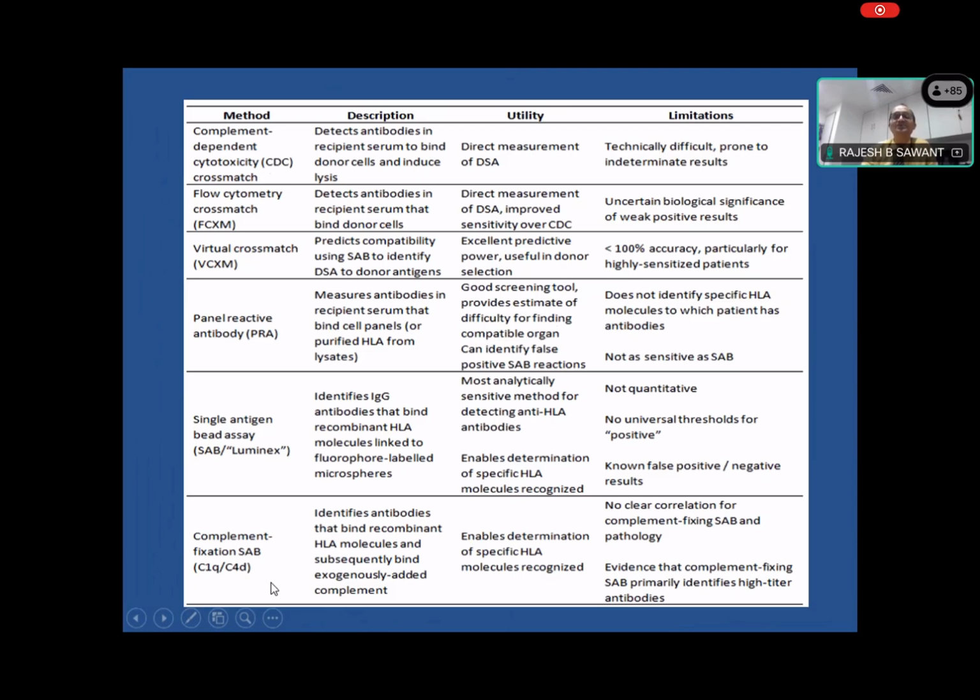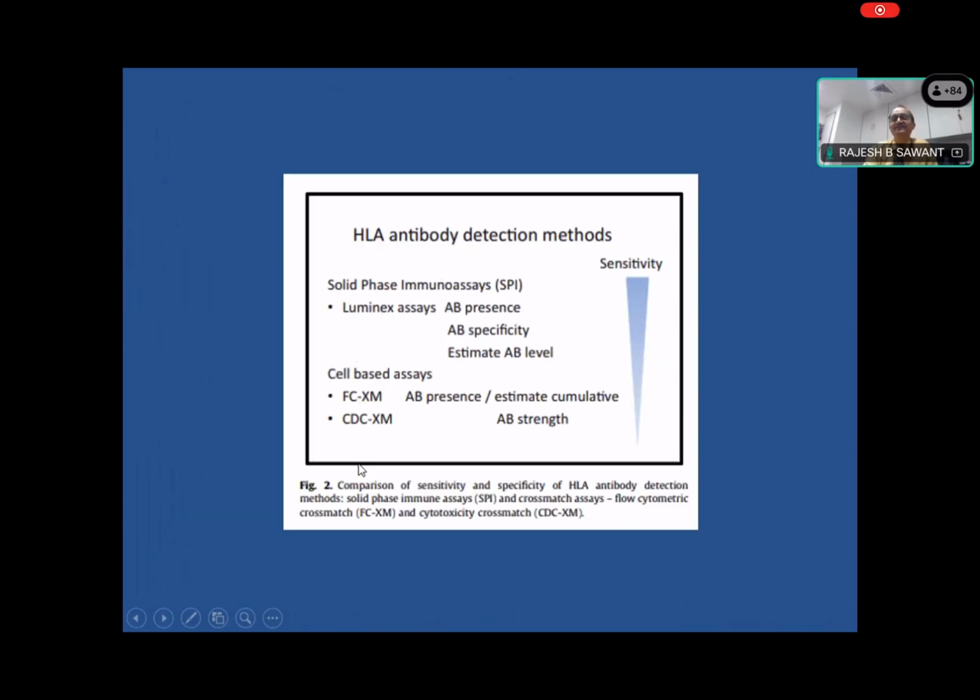These are used to identify antibodies that can bind with HLA molecules and subsequently to exogenously added complement. Therefore, this will enable us to determine the specificity of the HLA molecule that is recognized. So these are the salient features of all the antibody testing mechanisms that we have currently.